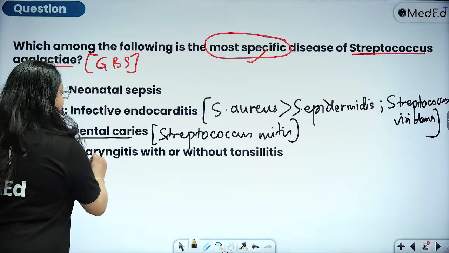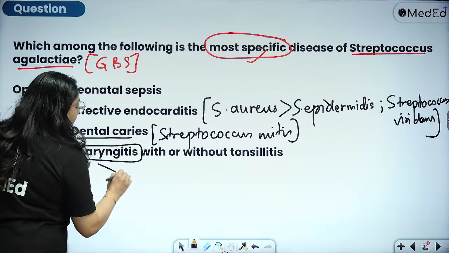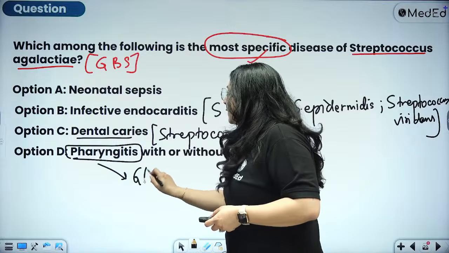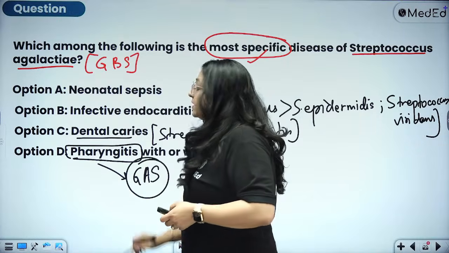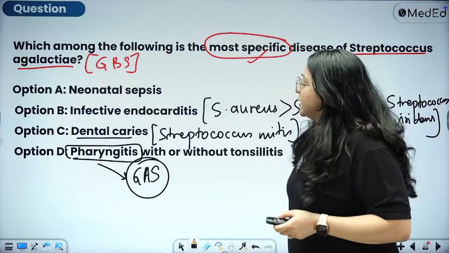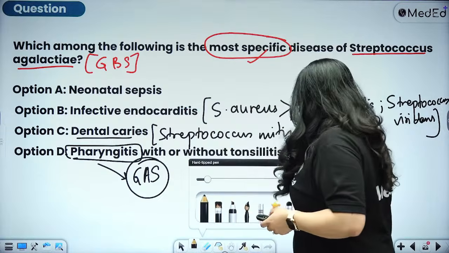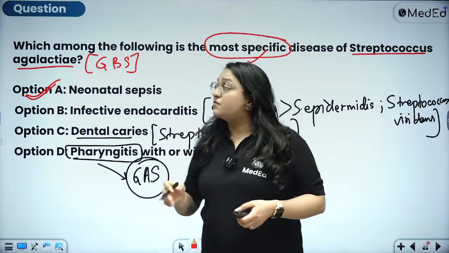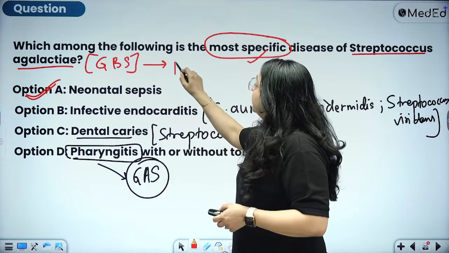Then pharyngitis with or without tonsillitis. We all know that it is the group A Streptococcus, the beta hemolytic group A Streptococcus, the Streptococcus pyogenes, which is responsible for pharyngitis. So neonatal sepsis is your best answer here, either neonatal sepsis or neonatal meningitis. Why? Because this sits in the birth canal.